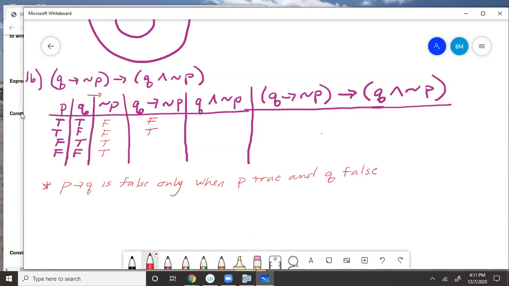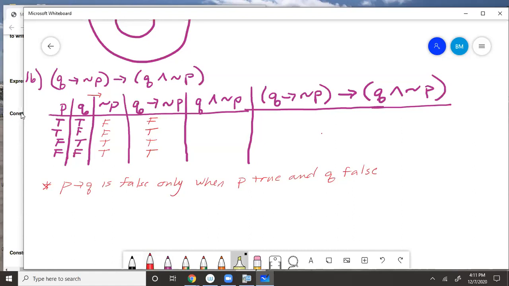How about the next one? They're both true. That should be true as well. And the next one, the antecedent is false and the consequent is true. That's also true. Remember, the only time it's false is when the first part is true and the second part is false, okay?